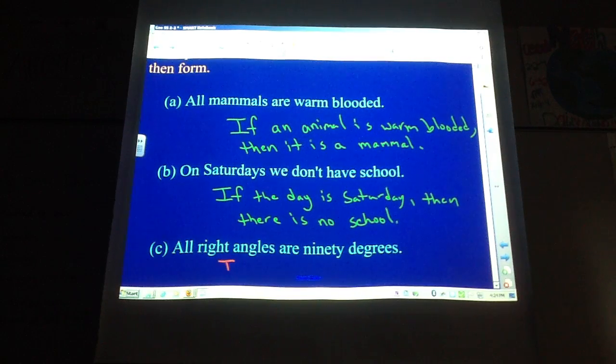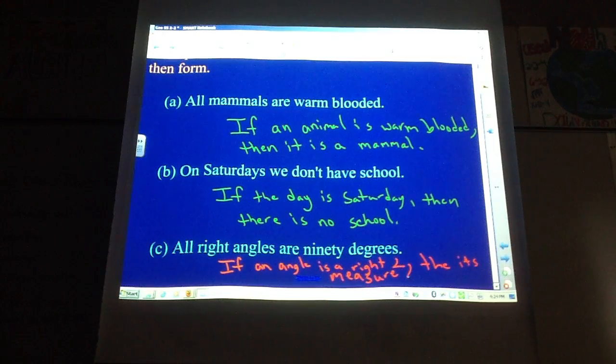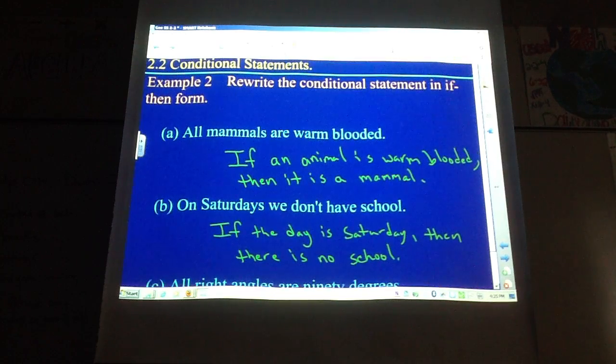So I'm going to write: if an angle is a right angle, then its measure is 90 degrees. So I took those statements and I just rewrote them in a conditional statement, an if-then form.